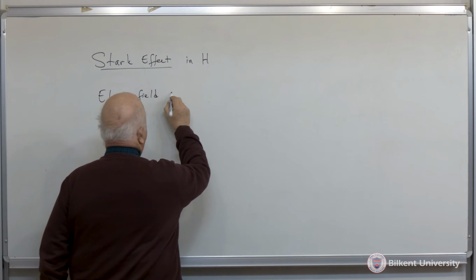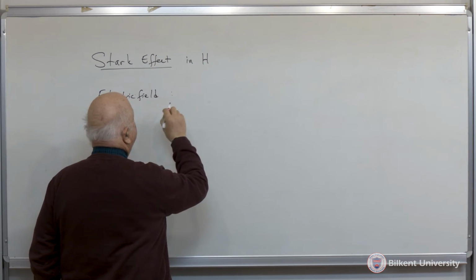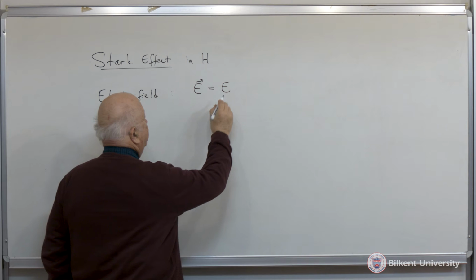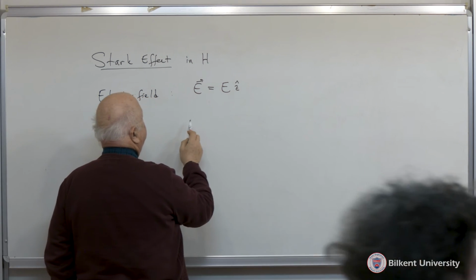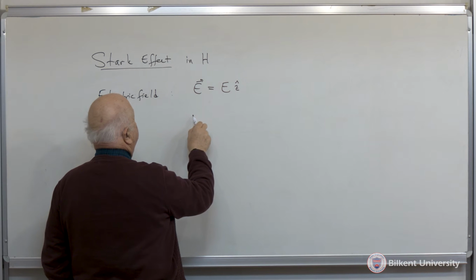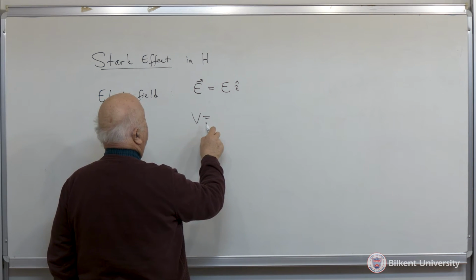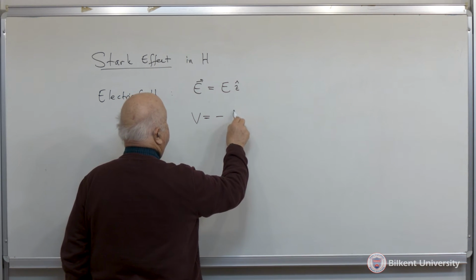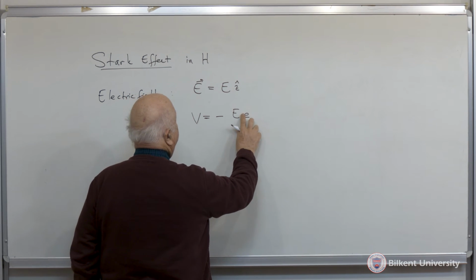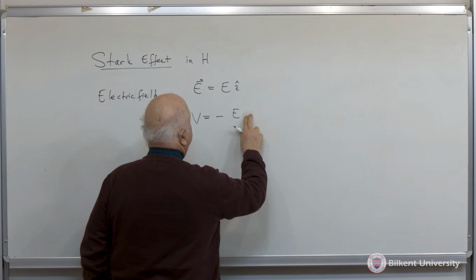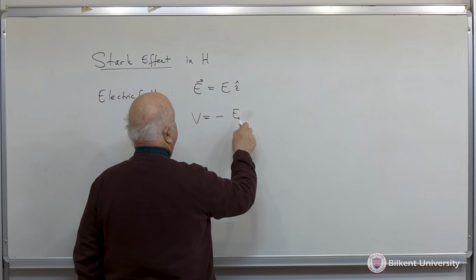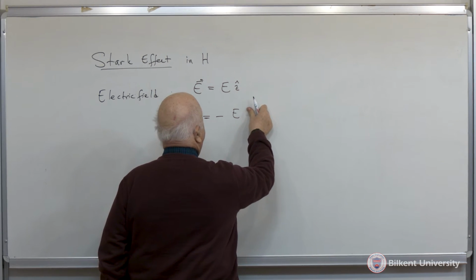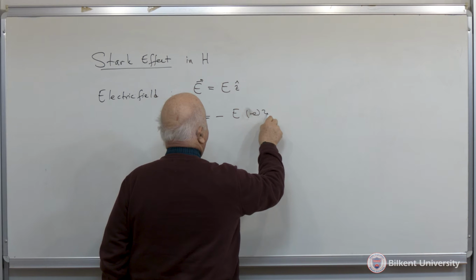Okay, so suppose I have some electric field in the z direction. So let me just assume it has some magnitude E in z. So it corresponds to a potential, the potential energy of the electron, which is going to be V equal to minus E times z.